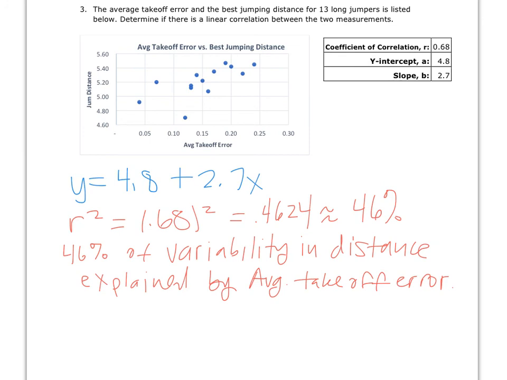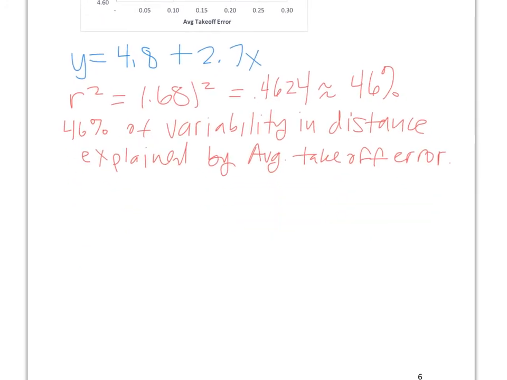So let's do the test of linear correlation, because that 46% and that R value, it's not really clear. So this is a really good one to use the test, because it gives us the significance. It gives us the power of inferential statistics and the process that allows us to come to this conclusion or not. Okay, so there's our hypotheses, our test statistic.